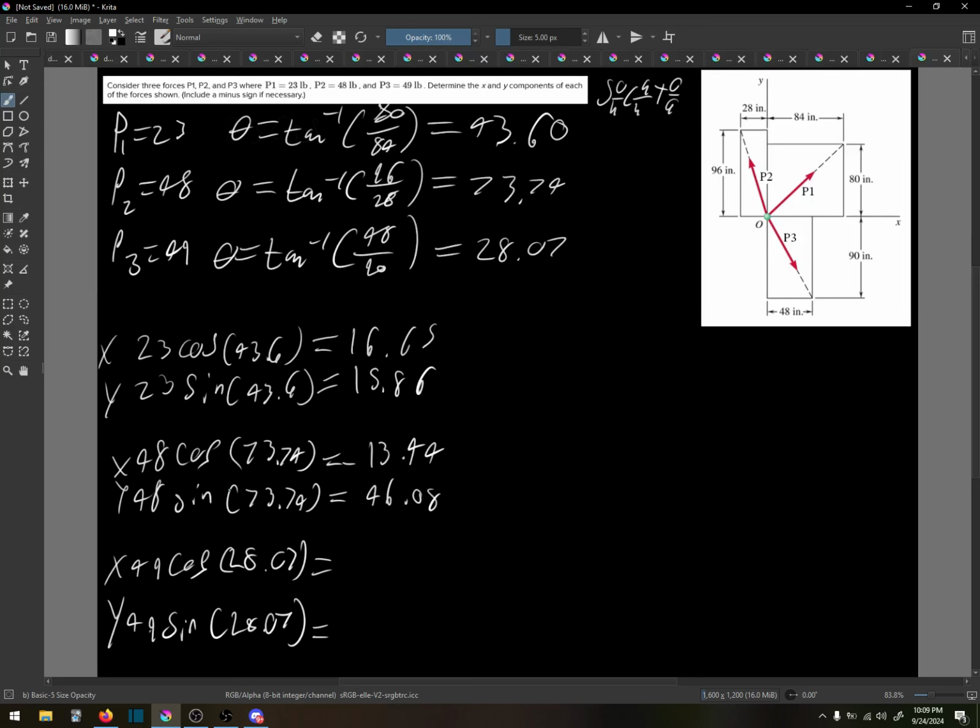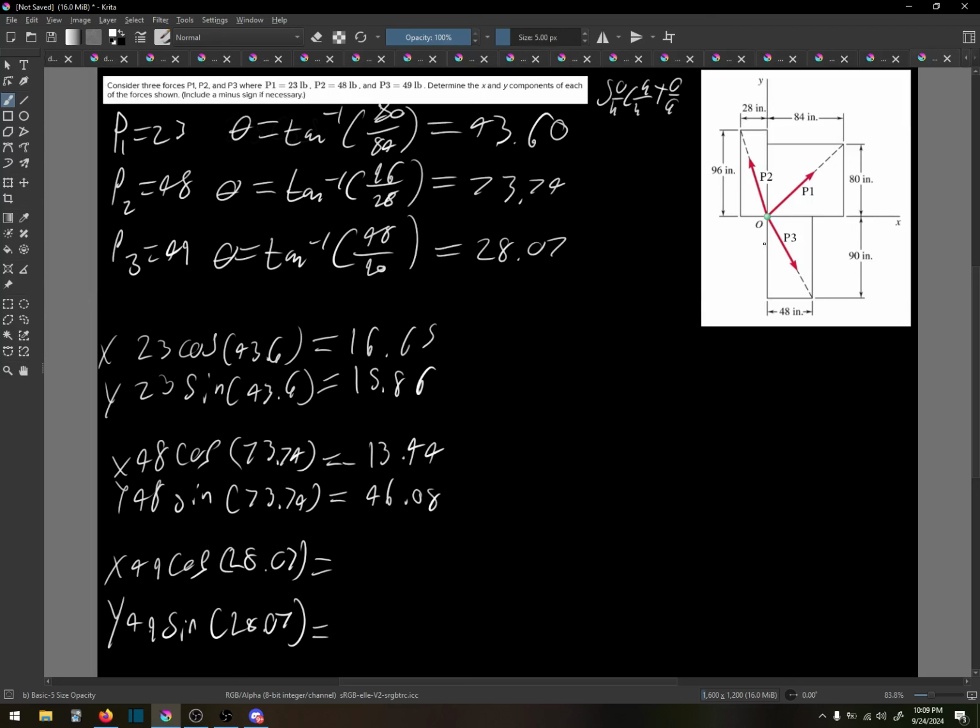If I take the inverse tan of 90 over 48, I get 61.92. I do 49 cosine 61.92. That's giving me the correct one, so my apologies.